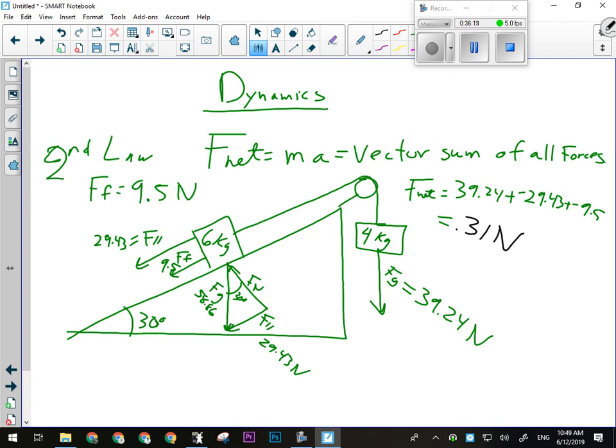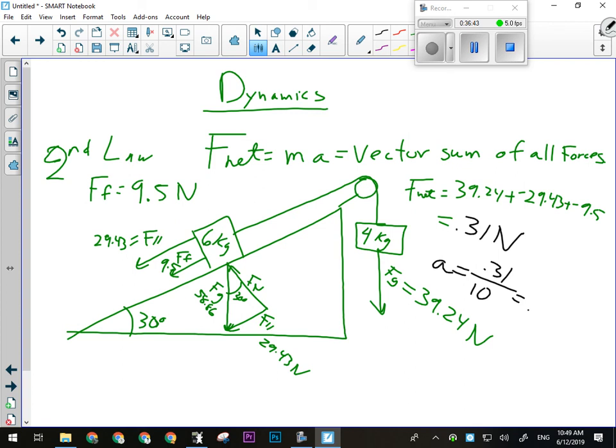Now I can calculate the acceleration of the system, and as a result, of both masses. But what am I going to have to add to the 4 kilogram mass's acceleration? The direction, because it asked about a specific part of the system. So a will equal 0.31, the net force, divided by the total mass, which is 10.